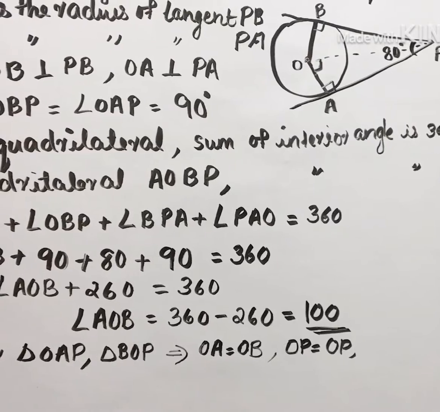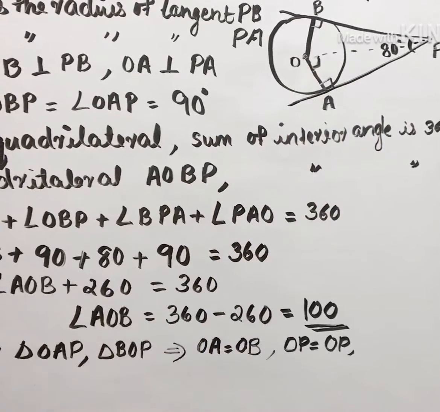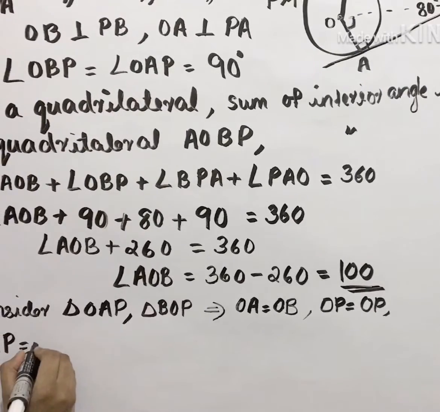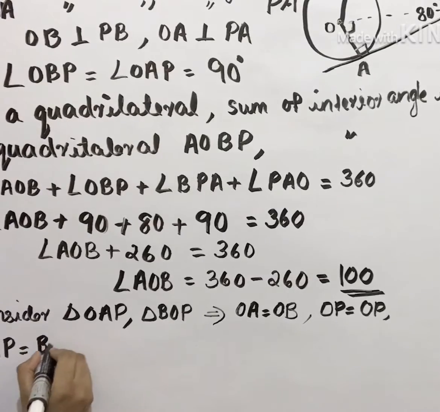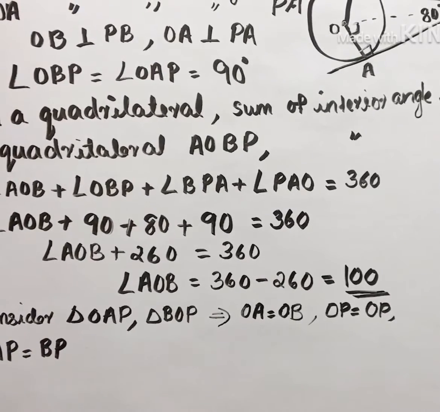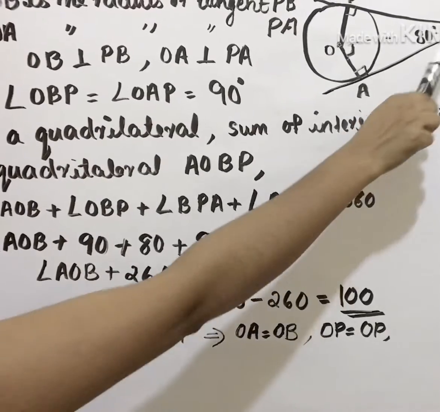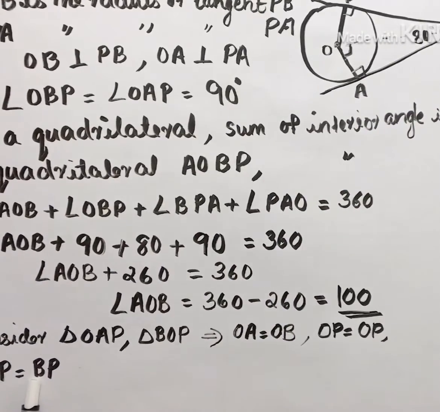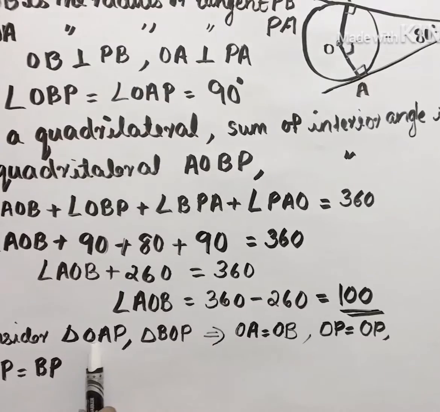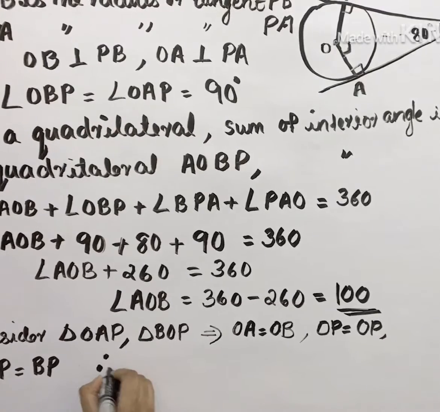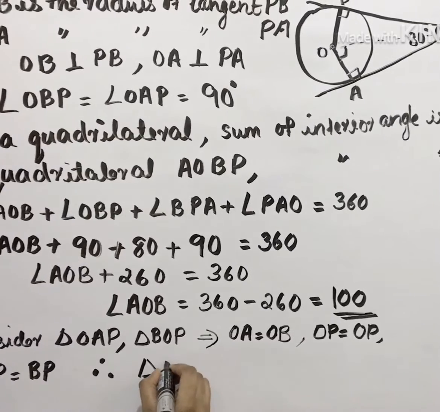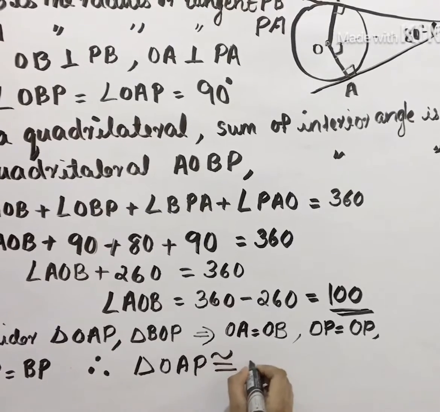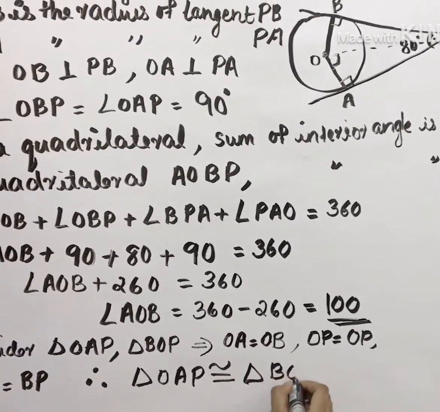And the last sides are AP and PB, which are also equal, because these are the two tangents from the same point P to the circle. Therefore AP is equal to BP. Therefore, these two triangles are congruent, so triangle OAP is congruent to triangle BOP.